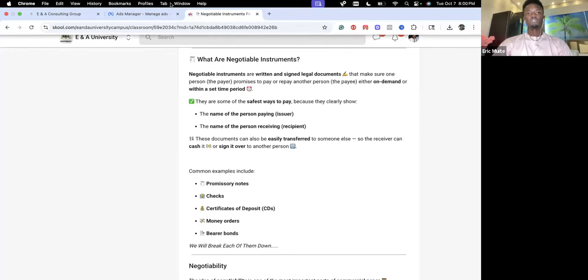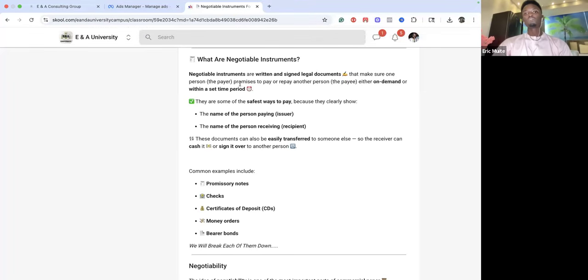What are negotiable instruments, right? The negotiable instruments are written and signed legal documents that make sure that one person, a payer, promises to pay or repay another person, either on demand or within a set period of time. They are some of the safest ways to pay because they clearly show the name of the person, the issuer, and the name of the person receiving it, the recipient.